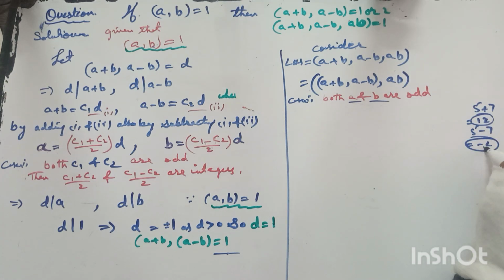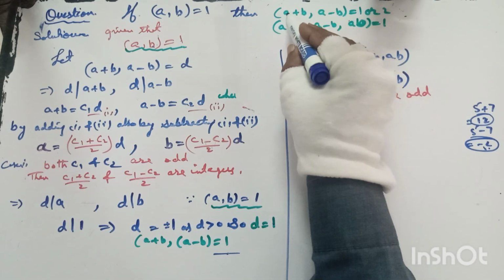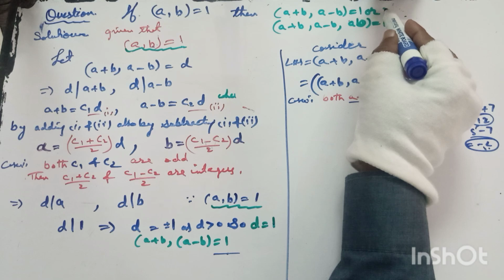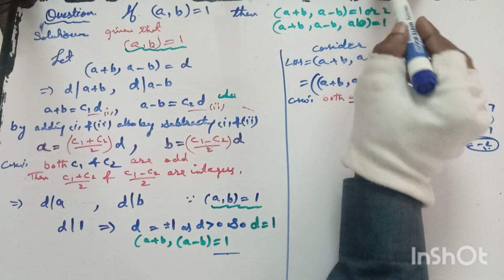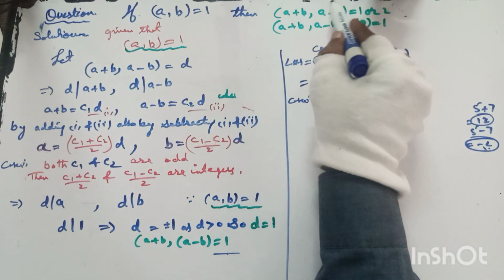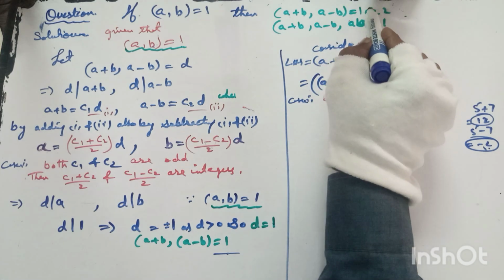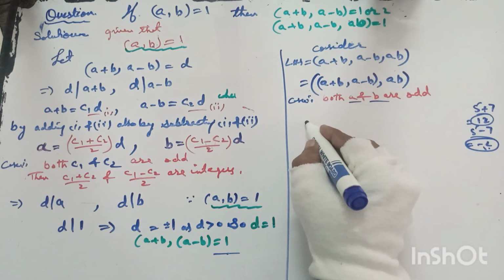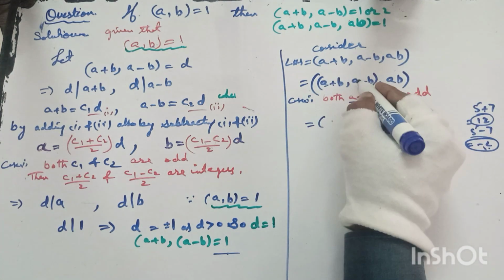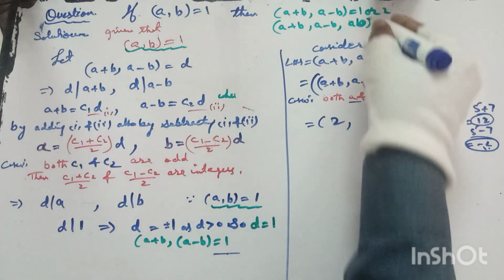Then their greatest common divisor must be even, and we have the answer of this, the GCD of A plus B and A minus B is 1 or 2. If both are odd, then it must be 2, because this is even and this is even. The GCD of two even numbers here is 2. Therefore, the GCD of A plus B and A minus B, from 1 and 2, we decided it is 2.